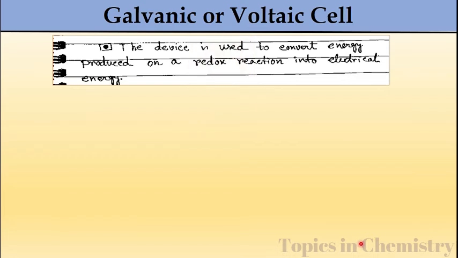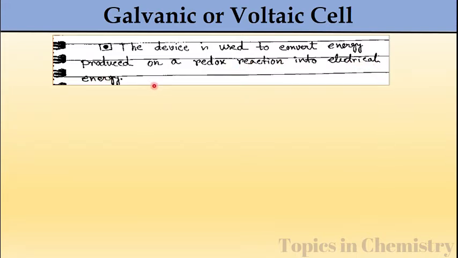First you have to know what a galvanic cell is. The device is used to convert energy produced in a redox reaction into electrical energy. So you have to consider a redox reaction, and the chemical energy of that redox reaction converts to electrical energy.